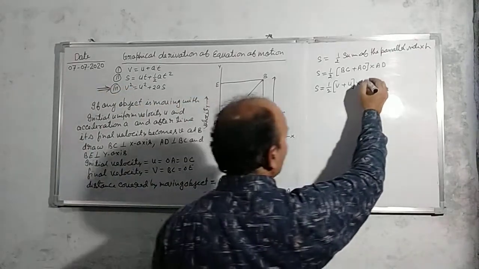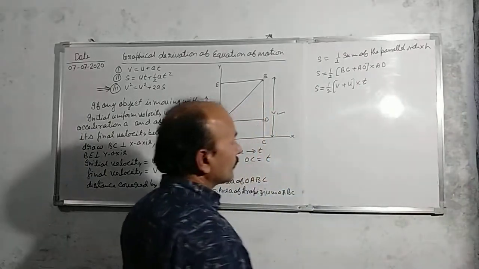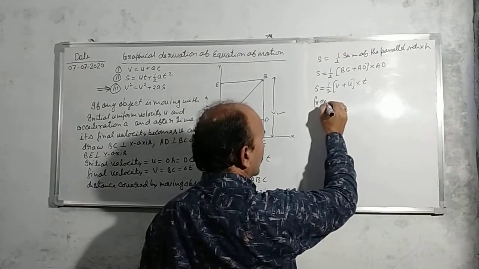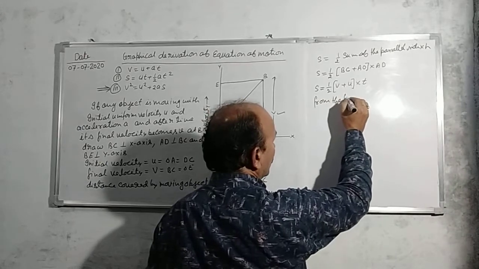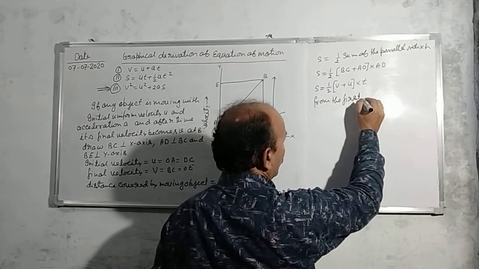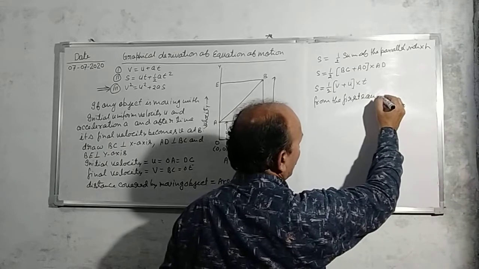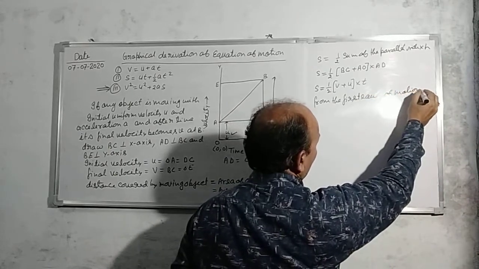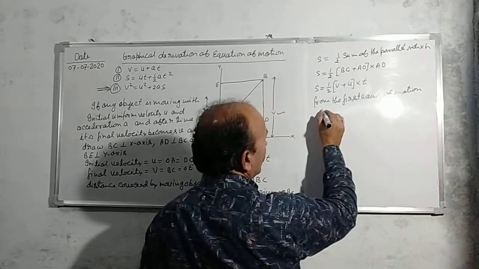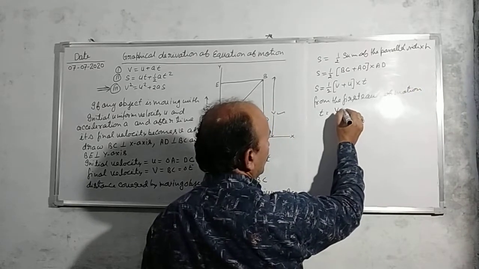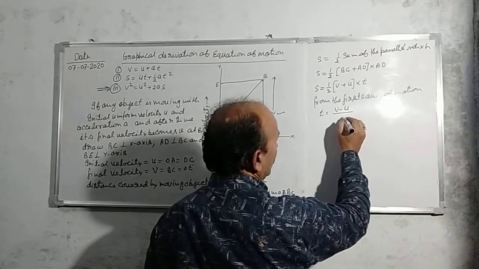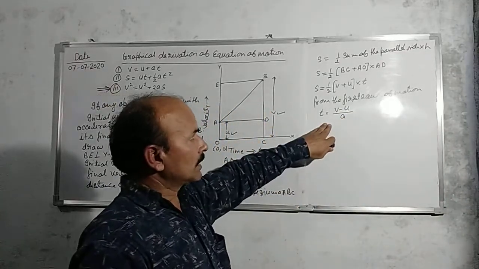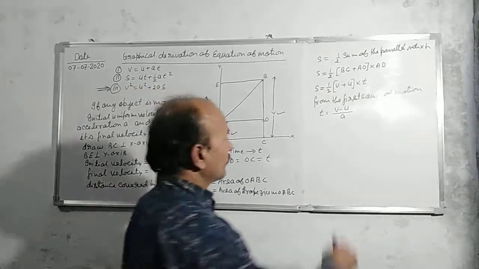So AD is equal to t. And now from the first equation of motion, t is equal to (v minus u) upon a. Now put the value of t in this equation.